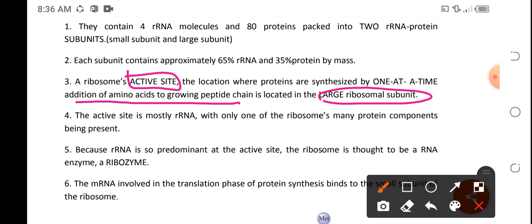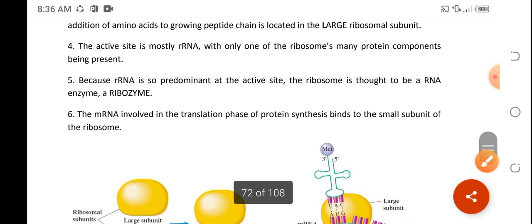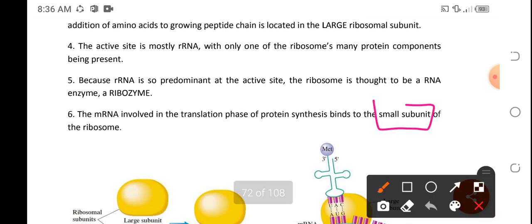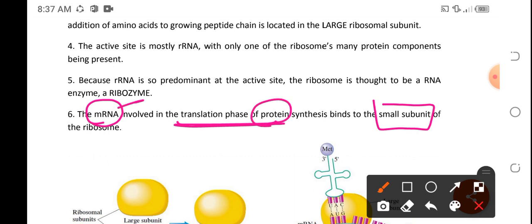Yung ating small subunit naman, dyan naman pupunta si mRNA so that whatever genetic information it is possessing would be translated to become a protein. So dito sa small subunit na de-decipher yung message ni mRNA or dito na-translate.